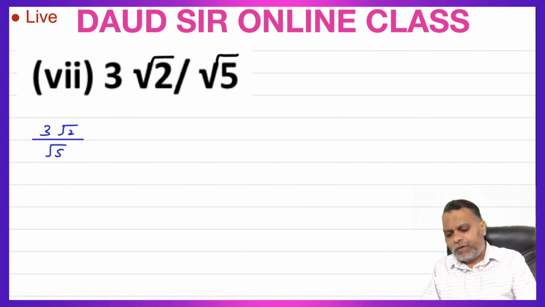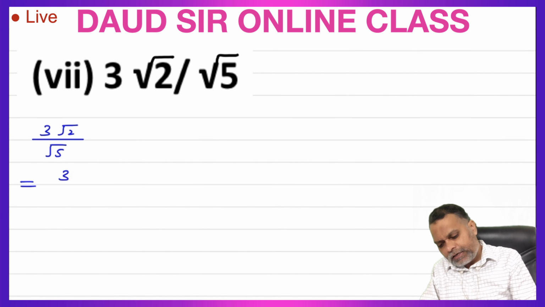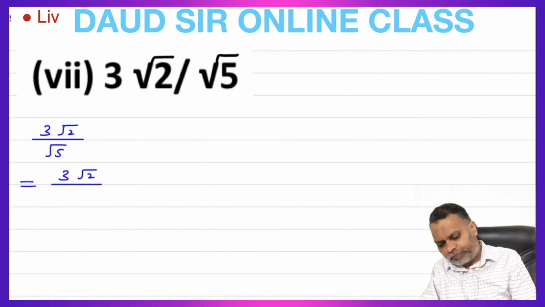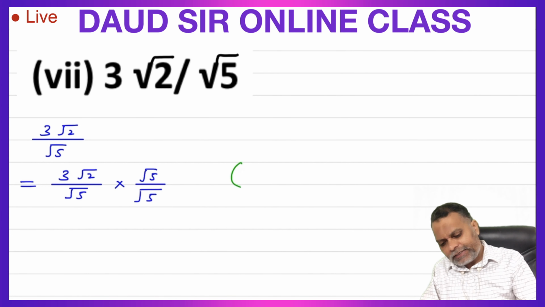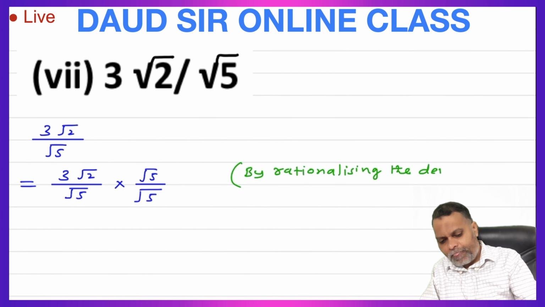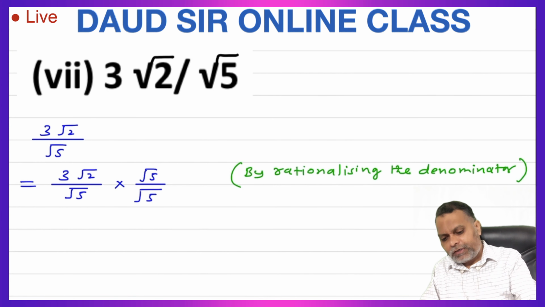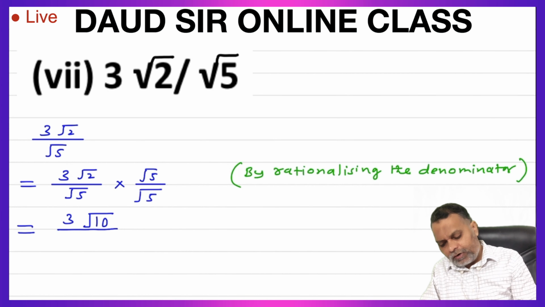Here in denominator root 5, so multiplying and dividing by root 5. 3 root 2 upon root 5, multiplying by root 5 and dividing by root 5 by rationalizing the denominator, which is equal to 3 root 2 into root 5, root 10, and denominator root 5 into root 5, 5. This is the answer.